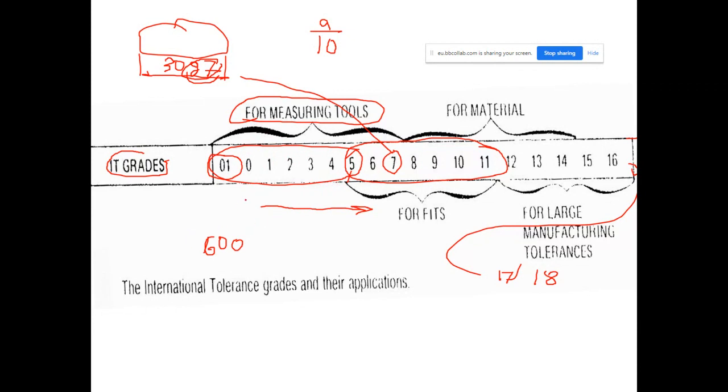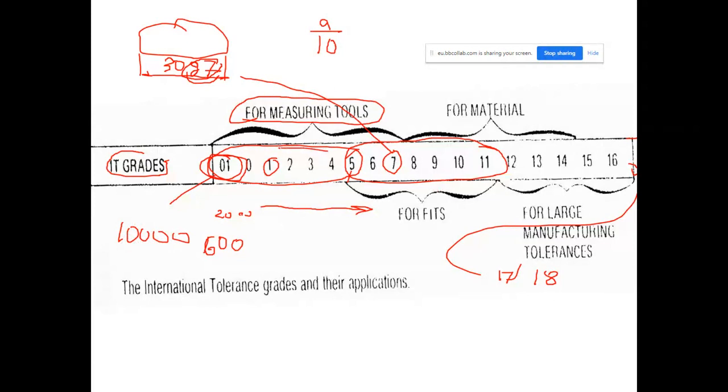If the manufacturing tolerance grade for the inspection instrument is 5 or 6, then it may be 600 lira. But if you say it is IT grade 1, then the shopkeeper will say, okay sir, if you pay, for instance, 2,000 or 3,000 lira, you can purchase. But if you say that the manufacturing tolerance grade of the inspection instrument is 0.1, then the shopkeeper may say that if you pay 10,000 or 20,000 lira, you can purchase.